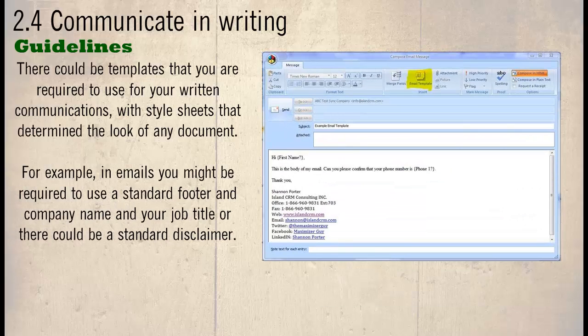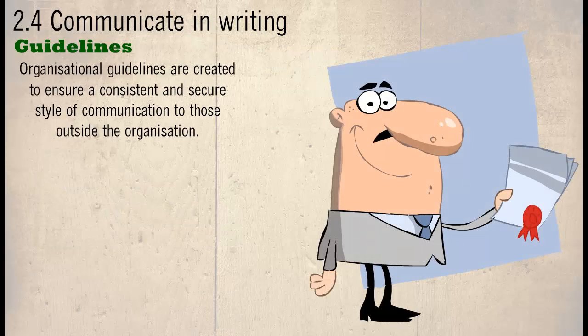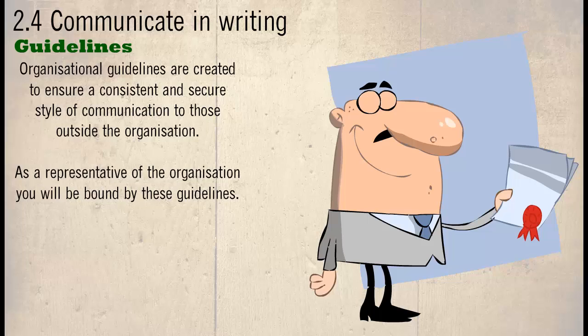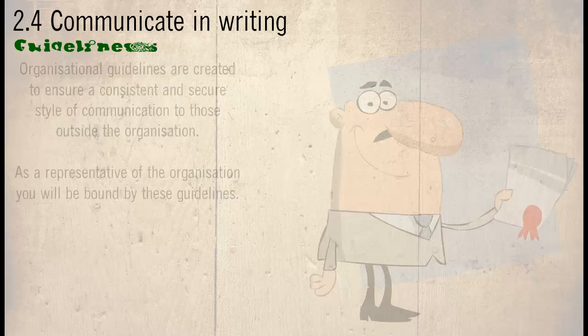For example, in emails you might be required to use a standard footer and company name and your job title, or there may be a standard disclaimer. Organisational guidelines are created to ensure a constant and secure style of communication to those outside the organisation. As a representation of the organisation, you will be bound by these guidelines.